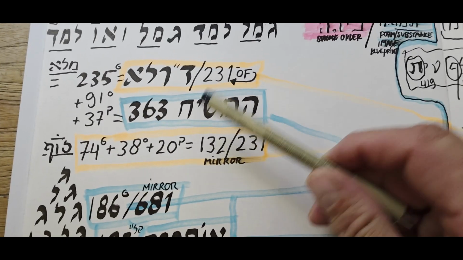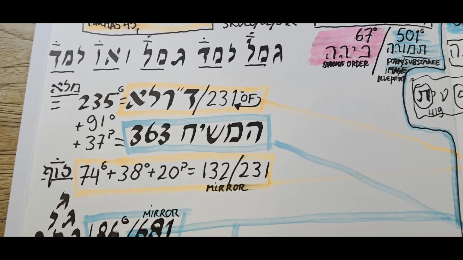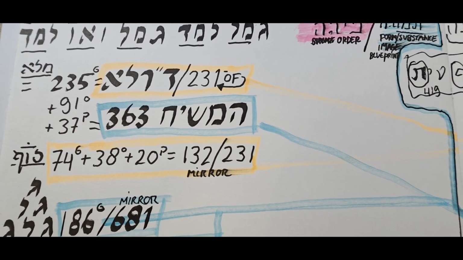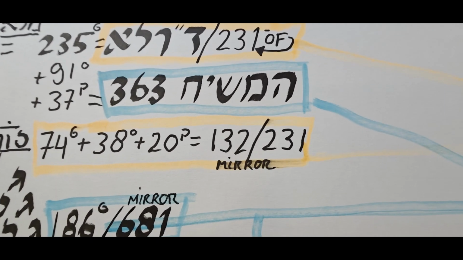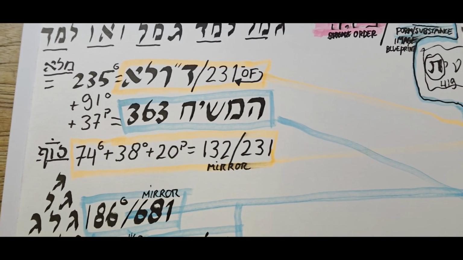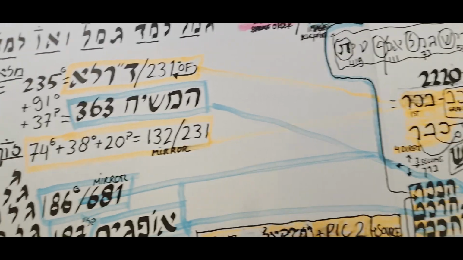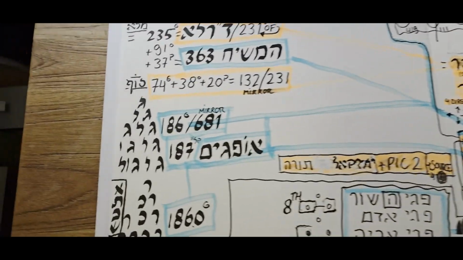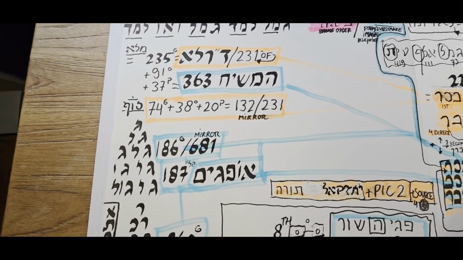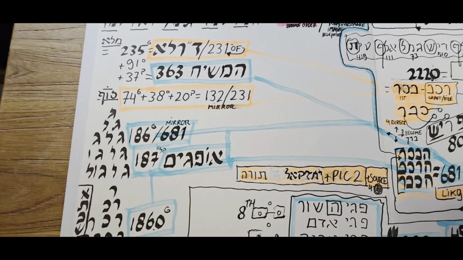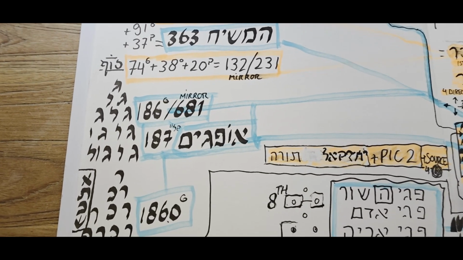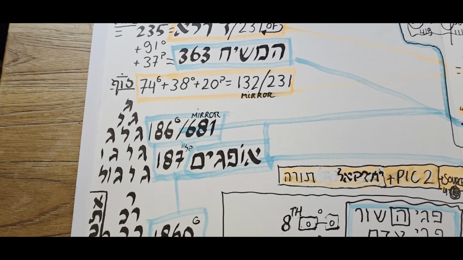That means you can switch letters and you can switch numbers, because letters and numbers, it's all connected. So the mirror image of 132 is 231 gates. Once again alludes to Rela, yesh Rela. There is 231 gates. Nothing escapes it.